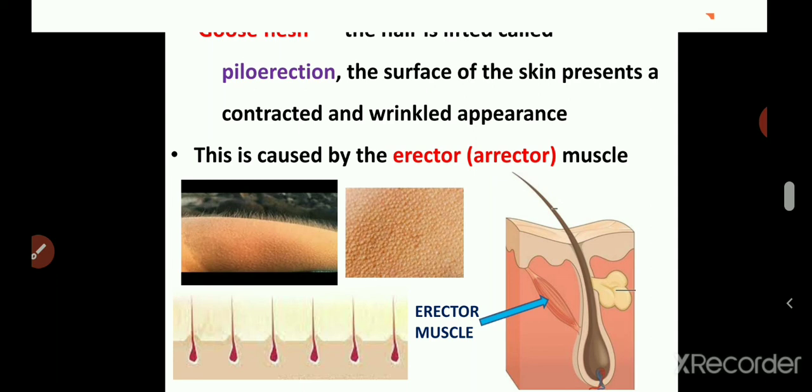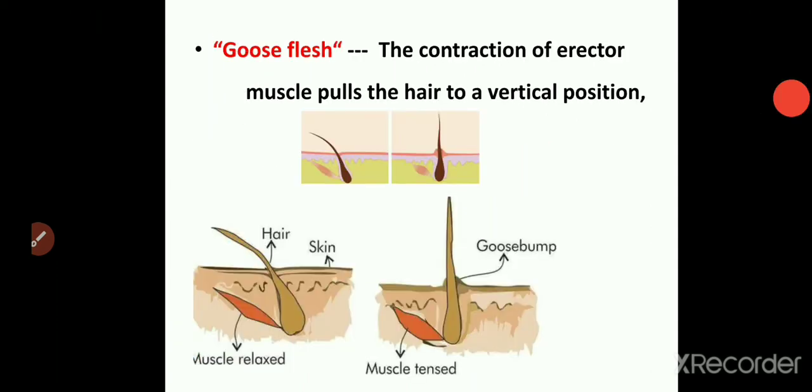And at that time what happens? There is a reason for the hair to stand straight, and that is the erector muscle, which is shown in the diagram. When they contract, they pull the hair follicle and the hair follicle makes the hair stand straight, as you can see in this diagram. When the muscle is tensed, it keeps the hair straight.